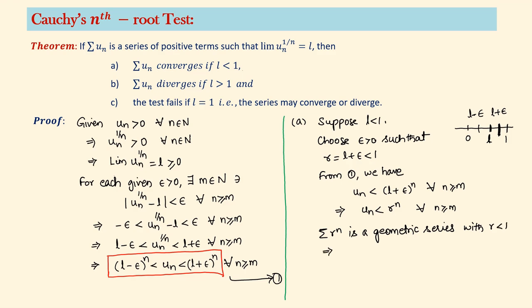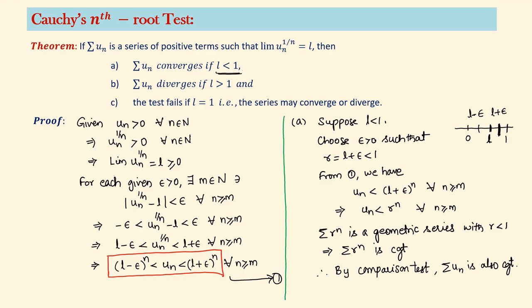That implies summation R power n is convergent. Therefore by comparison test summation u_n is also convergent. So case 1 is done.